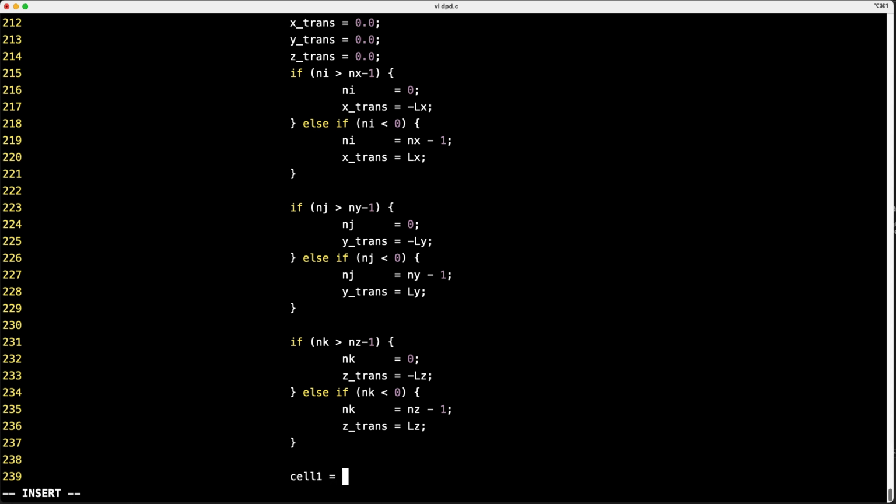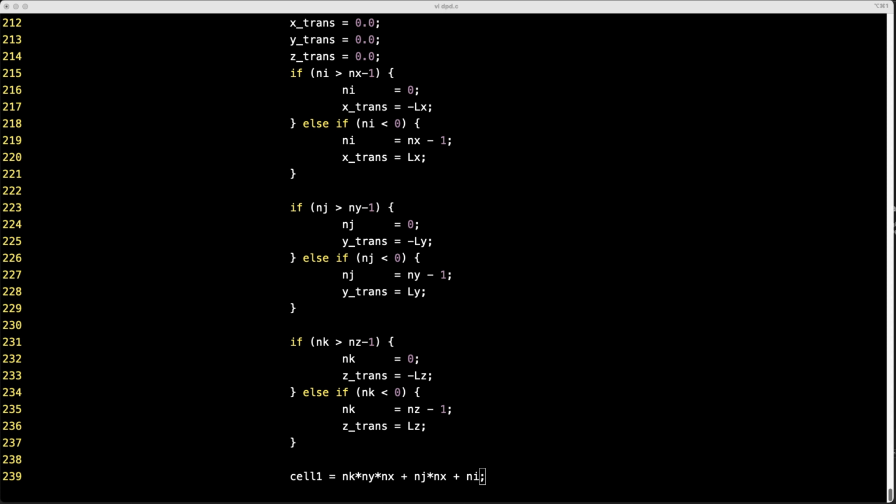So cell 1 would be, let me do it the same way that we calculated cell 0. So this would be nk times ny times nx plus nj times nx plus ni. Right, so completely analogous to how we calculated the index of cell 0.